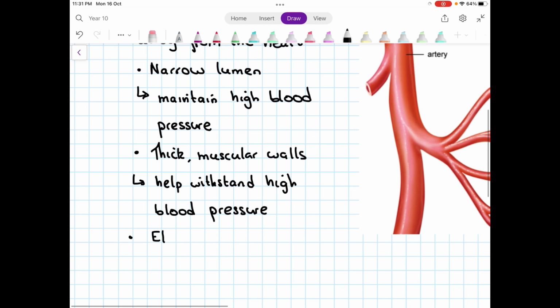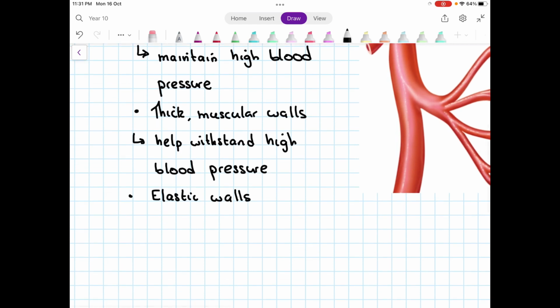Also, the arterial wall is highly elastic, and what this does is it helps with stretch and recoil.